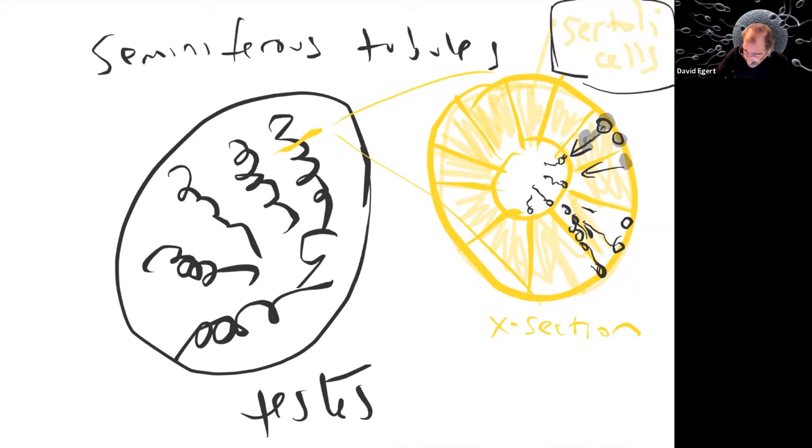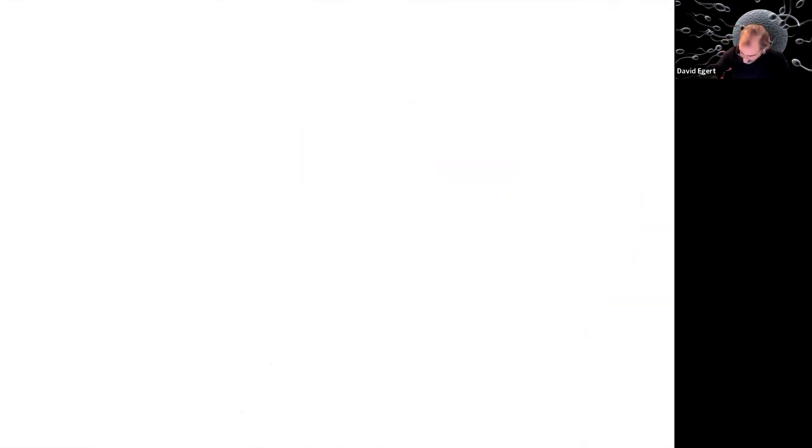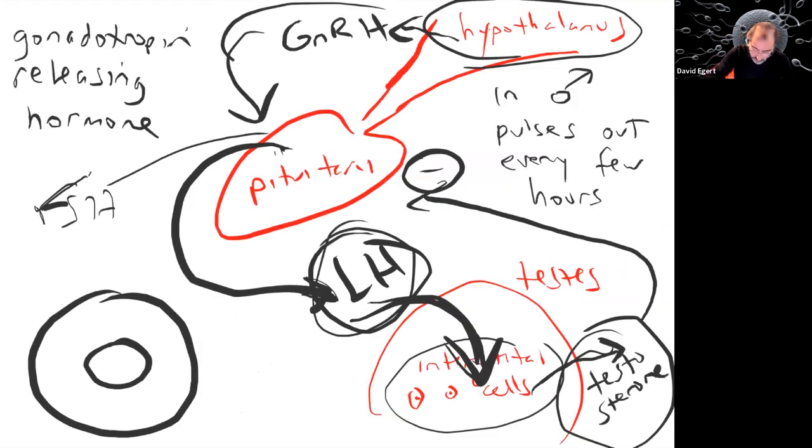Sertoli cells, these are listening to FSH. These are stimulated, I should say, this process. So basically FSH, which is being released from the pituitary. Right, gonadotropin releasing hormone has two effects.